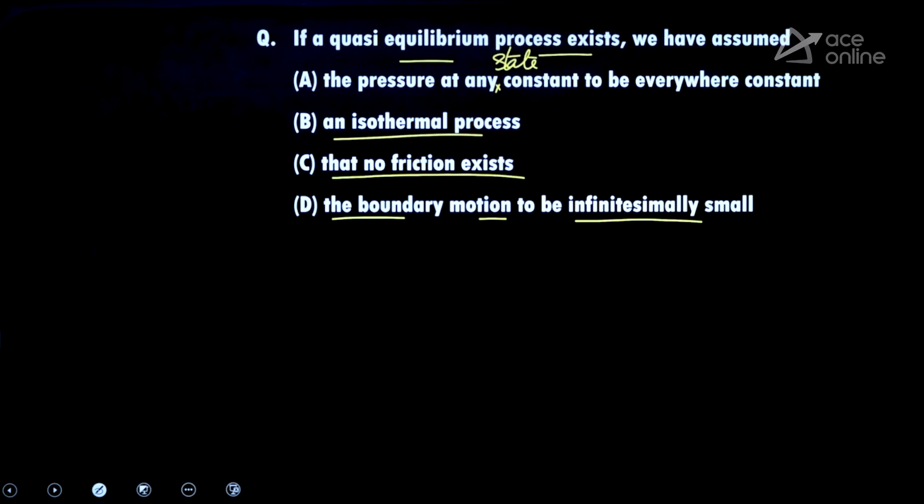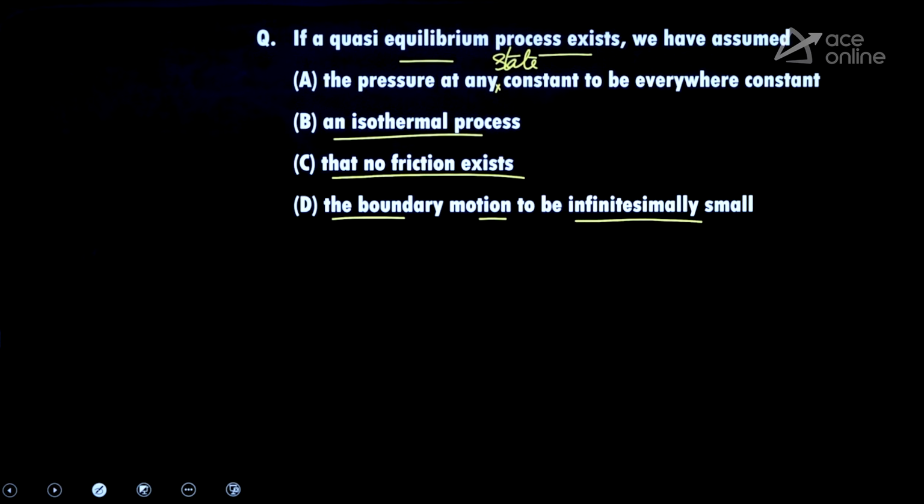Now come to option D, the boundary motion to be infinitesimally small. That is also looking correct. But quasi equilibrium, quasi plus equilibrium. Even if the boundary is moving infinitesimally small or at a very slow speed, if friction is existing, the properties need not be uniform throughout the system.